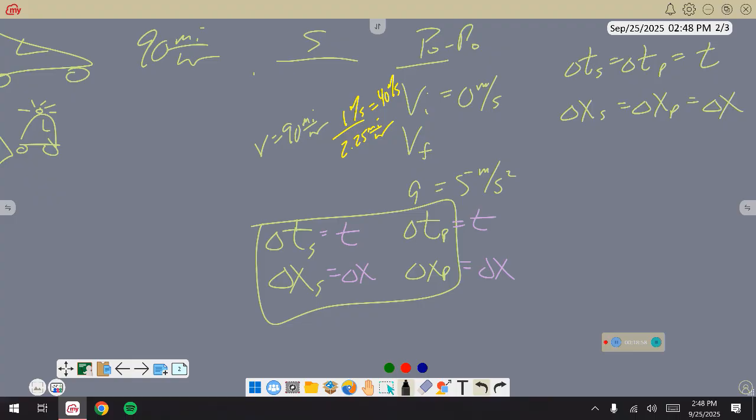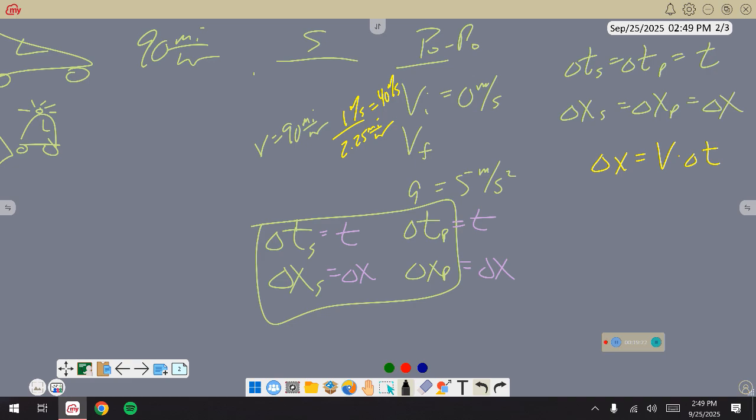Now, how many possible equations do I have for the left side? 1. Start there. You only have one option. Write it down. Delta x equals velocity times time. And I don't usually love you plugging in numbers, but this is hard enough as it is.